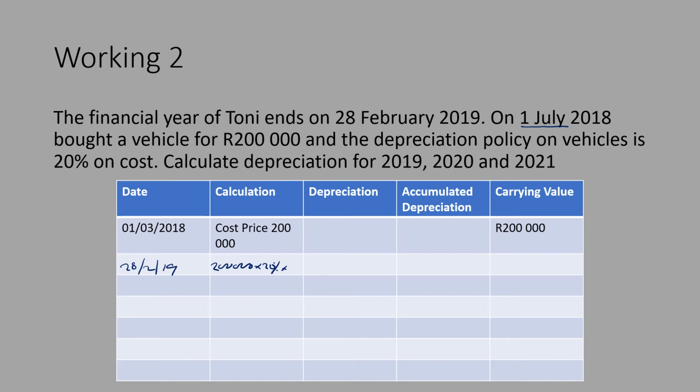This will be times 8 over 12, the fraction of the year that the vehicle was being used. That gives you 40,000 times 8 divided by 12.